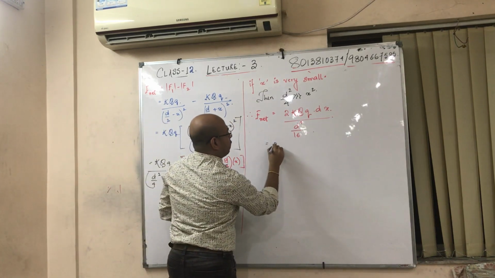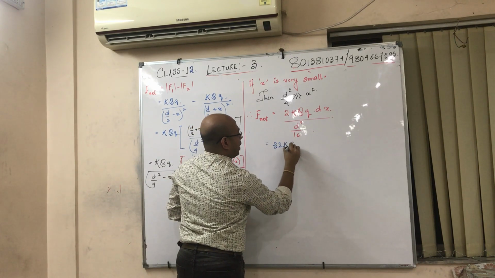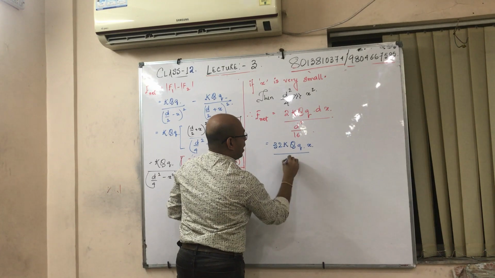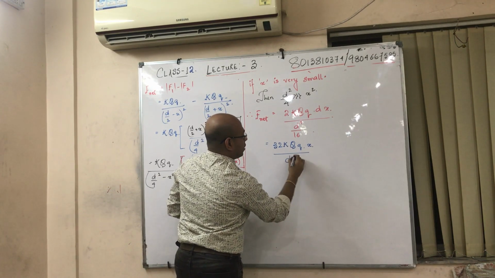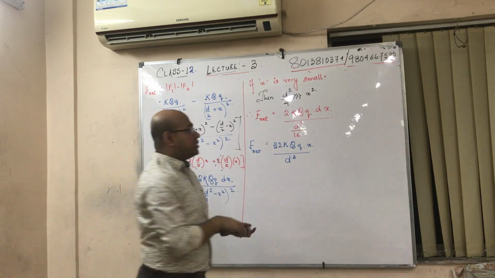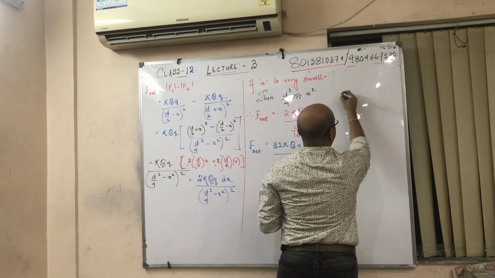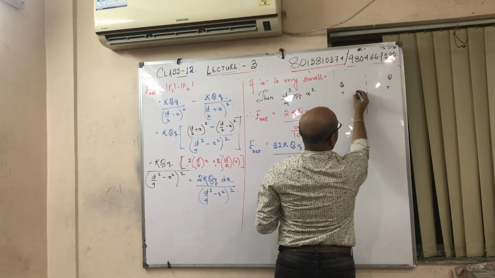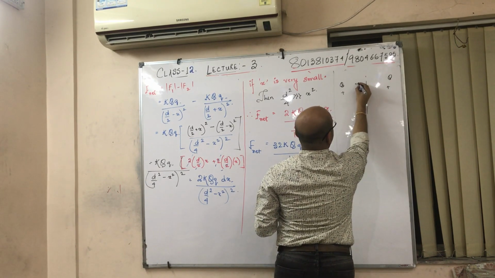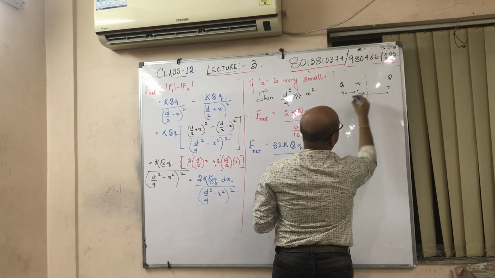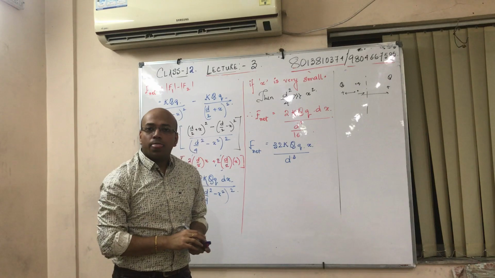One d cancels off: 32K q big Q x by d to the power cube. Now check it out. What does it say? This was plus Q, this was plus Q, this was plus small q. This will move in this direction with a net force.